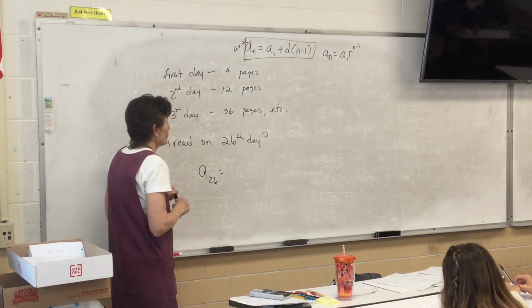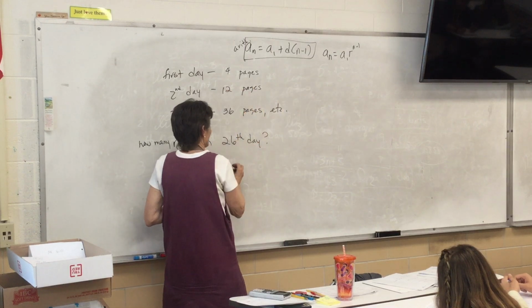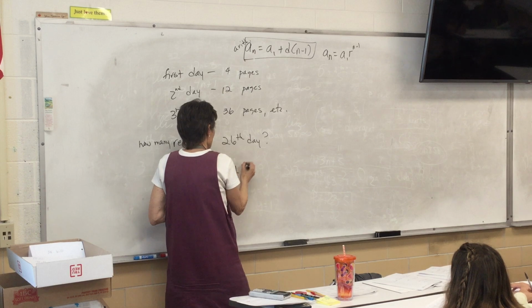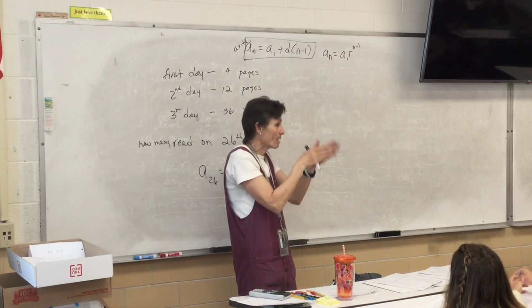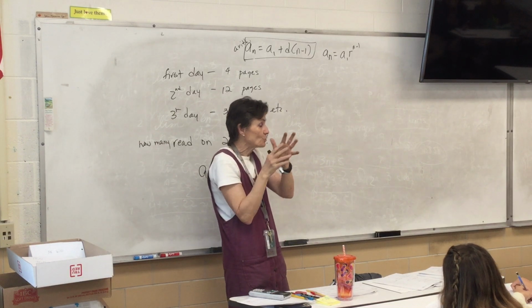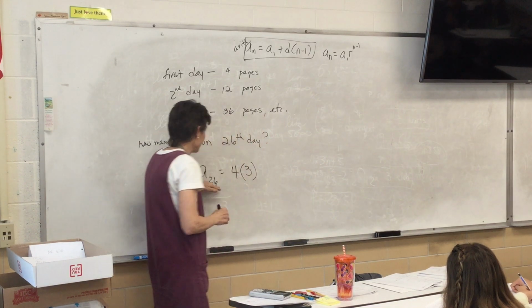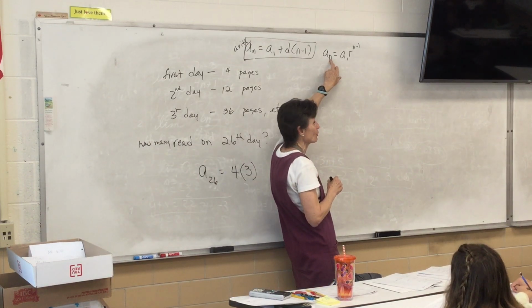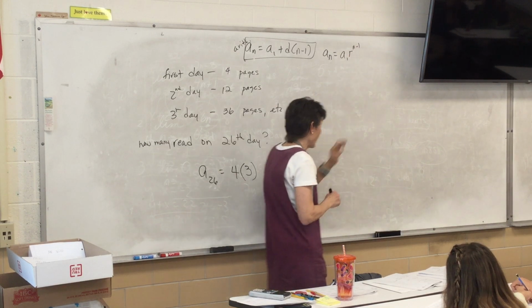All right, so what's the 26th term going to be? According to the formula, what am I starting with here? A sub 1 is 4. You told me my ratio, my R, which is the number I multiply by, that is 3. And if I'm looking for the 26th term, then what's my next term going to be? 25.